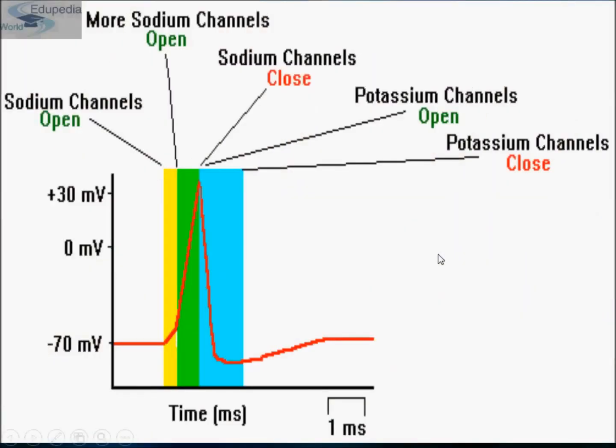This is the graph of how sodium channels open and close, and how the potassium channels open and close with the chemical events of the transmission of the nerve impulse. This is the graph which we plotted against voltage and time.